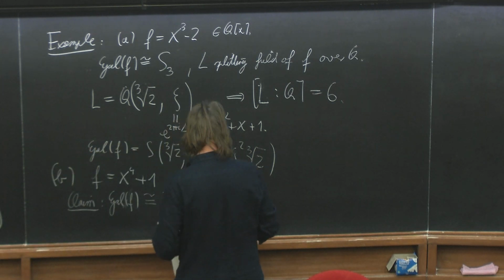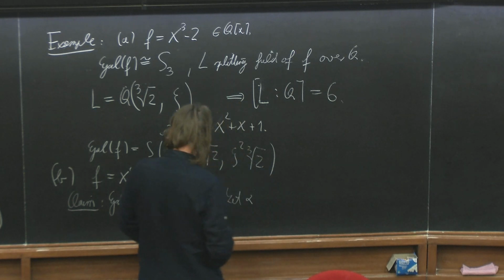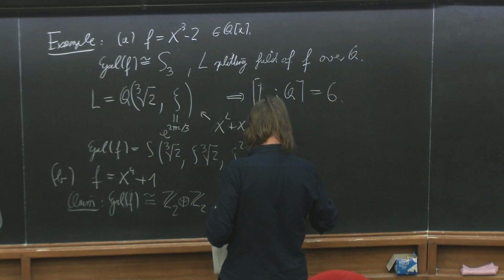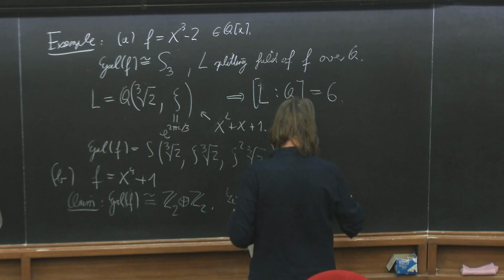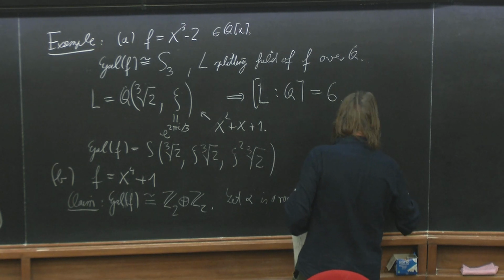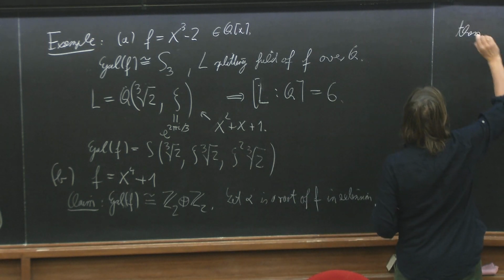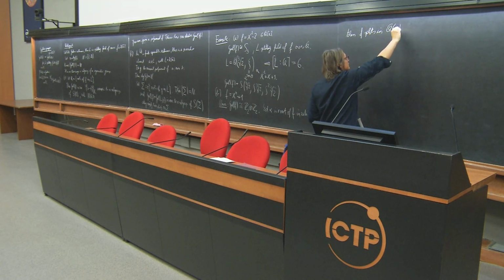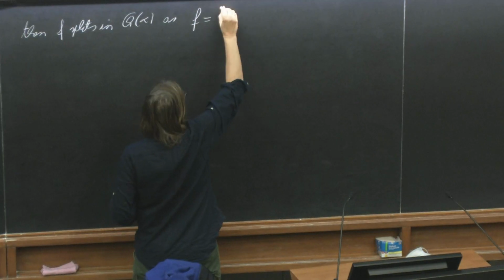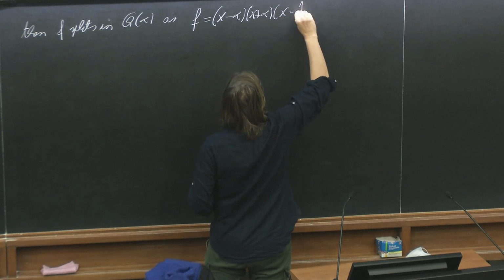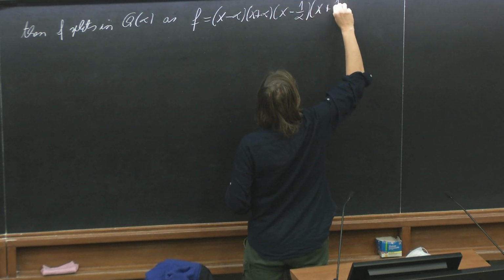So we had seen in this case, if alpha is a root of this polynomial in an extension of Q, then f splits as f equal to (x minus alpha)(x plus alpha)(x minus 1 over alpha)(x plus 1 over alpha).